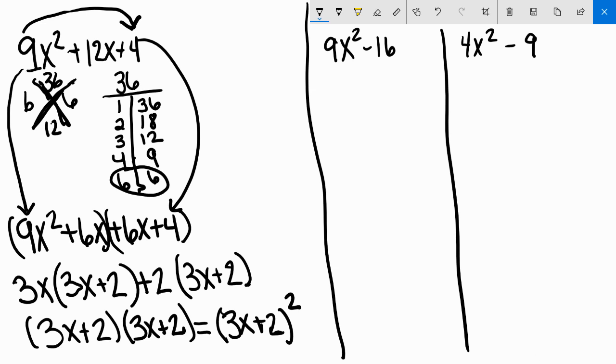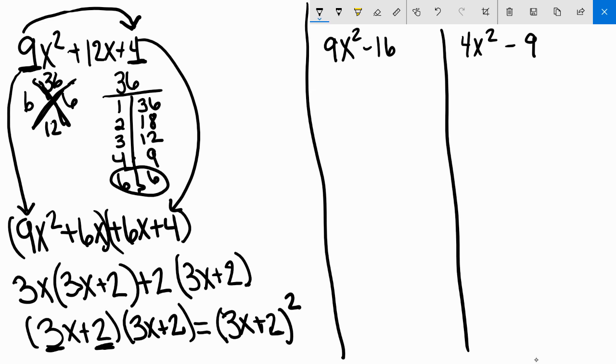So notice here 9 is a perfect square. It's 3 times 3, right? And that's what we got, 3x. And this 4 is also a perfect square. It's 2 squared, and that's what we got in our factor, right?